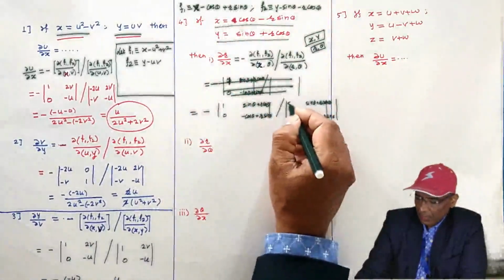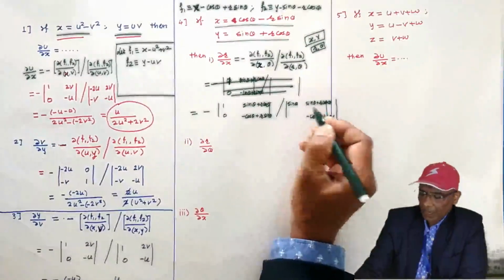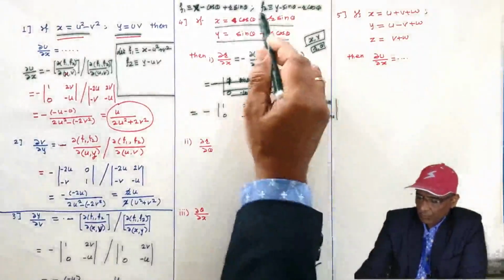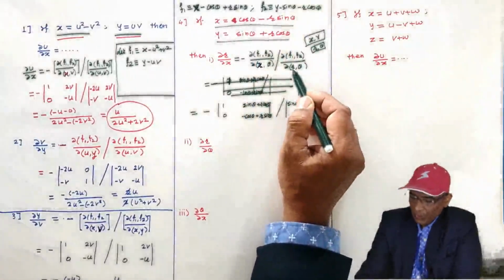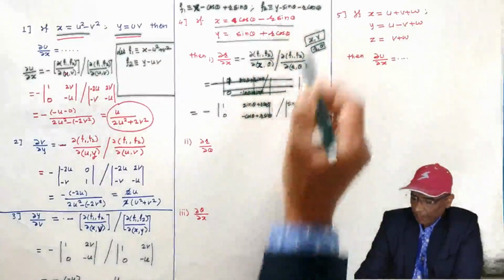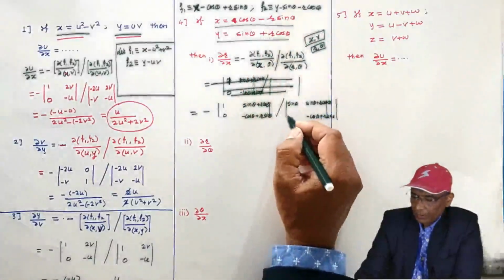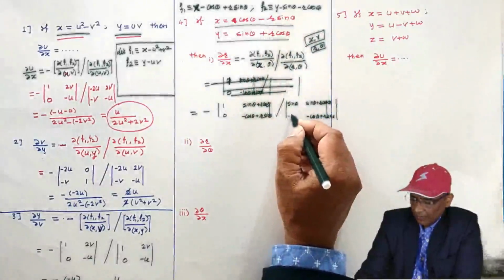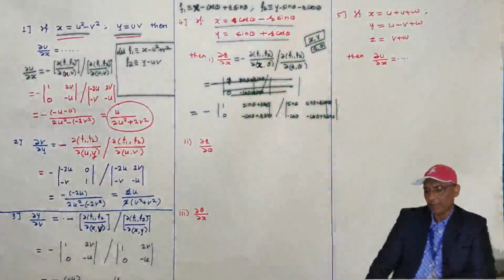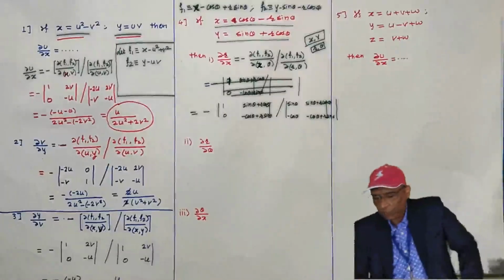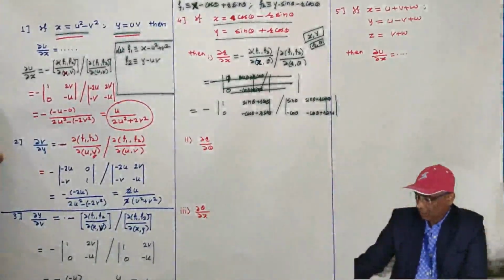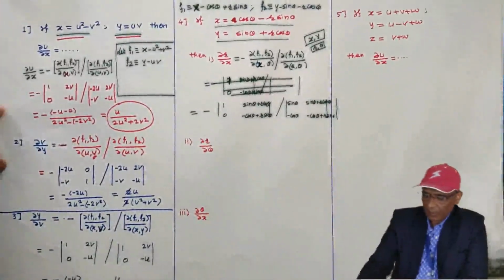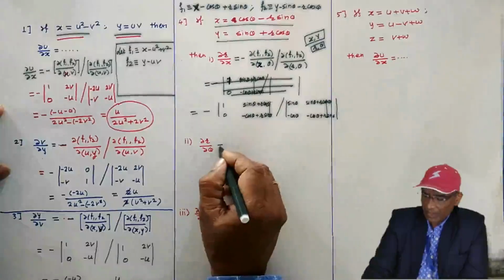Okay, sin theta I have put. And the derivative of f2 with respect to r is what? Minus cos theta. Is it? Now solve this numerator determinant and denominator determinant, and try to find the value. Okay, this is for you.